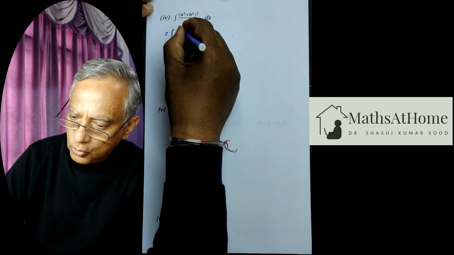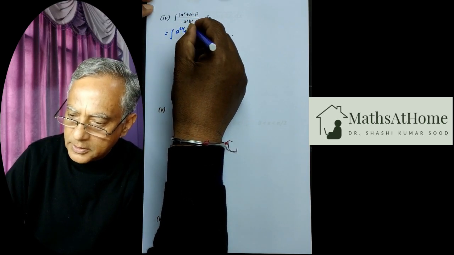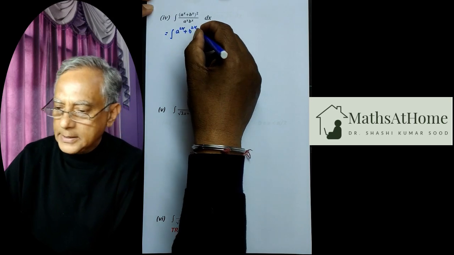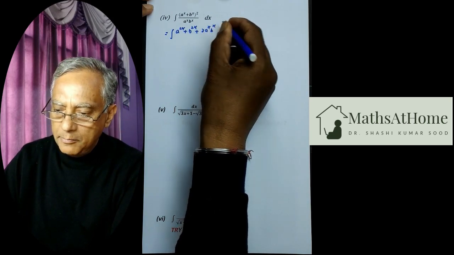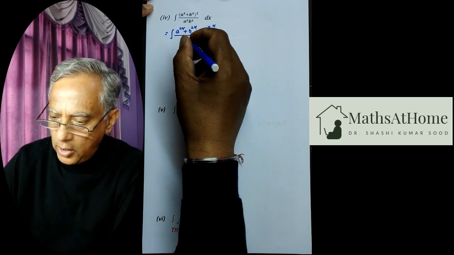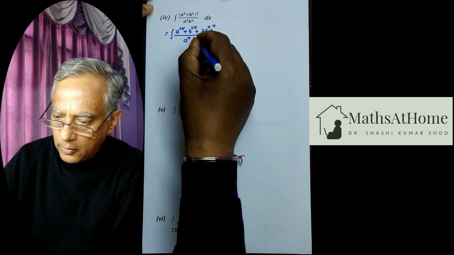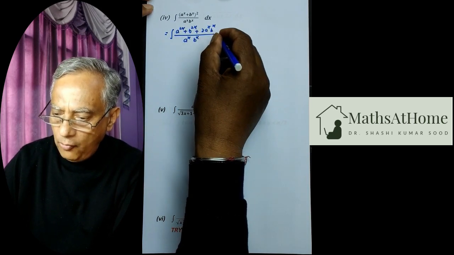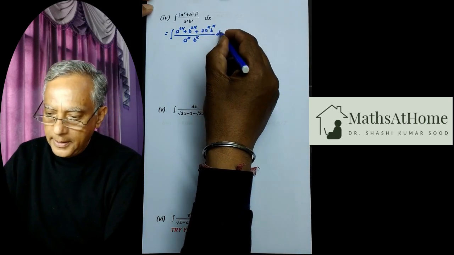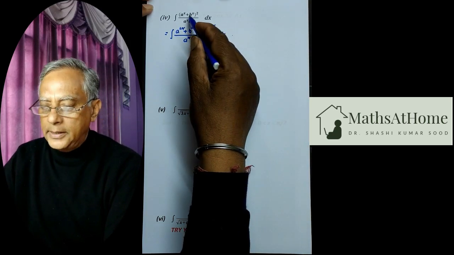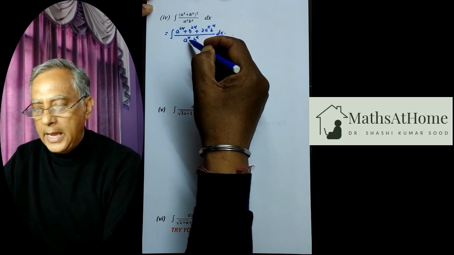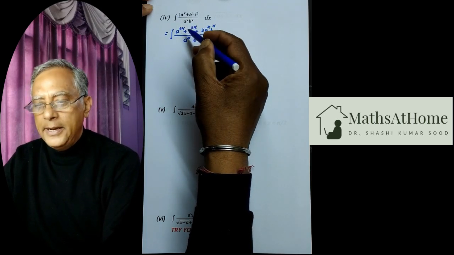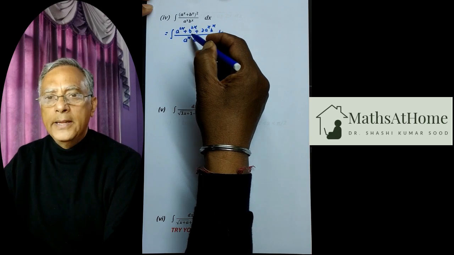This will be a to the power of 2x plus b to the power of 2x plus 2ax bx, whole divided by a to the power of x b to the power of x into dx. There is no quotient rule in integration. We have to express this in terms of the formulae we already know.